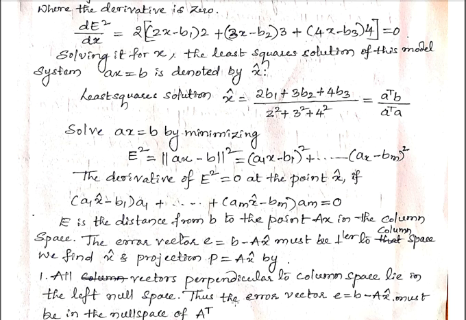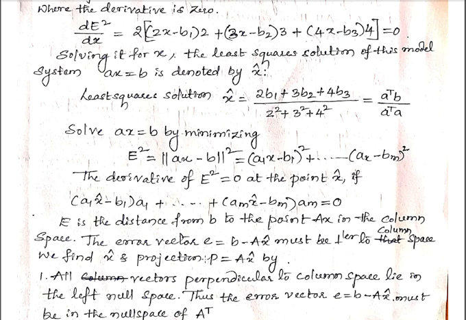This indicates that the error vector E, that is B minus AX cap, must be in the null space of A transpose. Means A transpose is the column space. So it is just like using that statement in a reverse way.